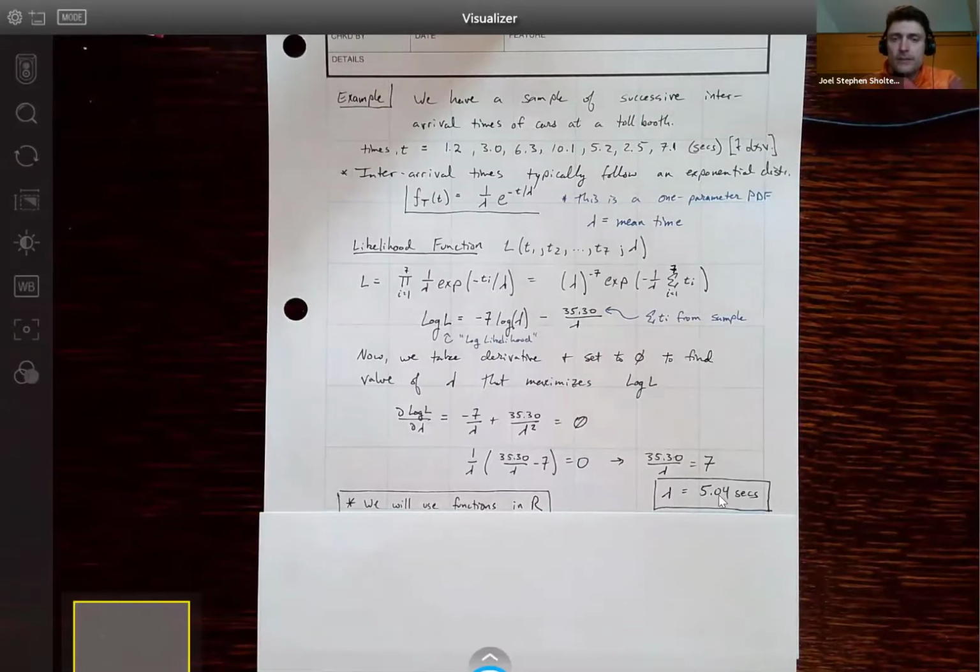And so this value of lambda, you can consider it a probability weighted value of lambda. That creates an exponential distribution that, probabilistically speaking, would best fit the data. Know that you could also take this data and calculate lambda as the mean of the data. So what's the mean of all these values? Just grab a calculator and do that real quick.